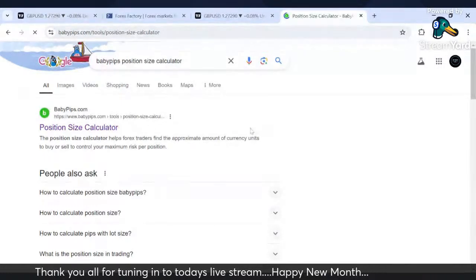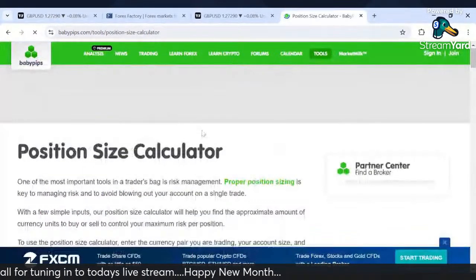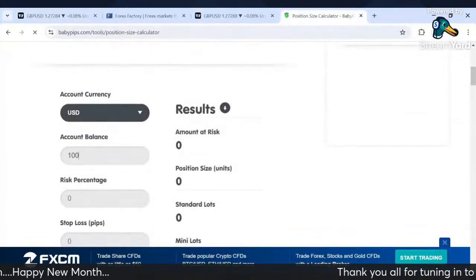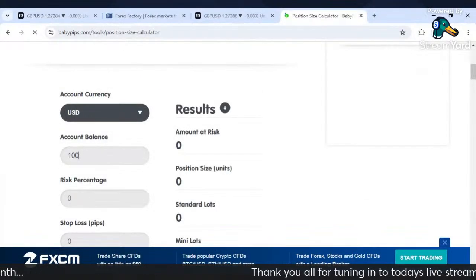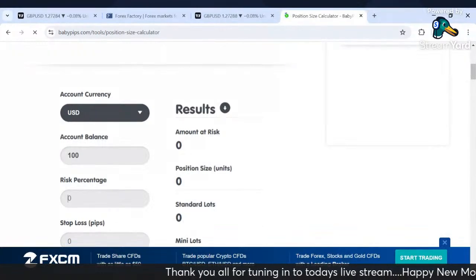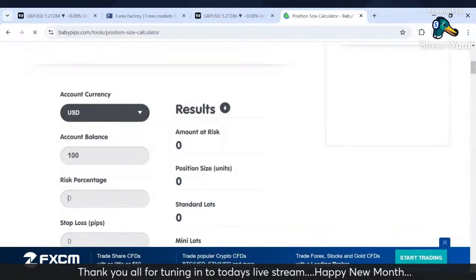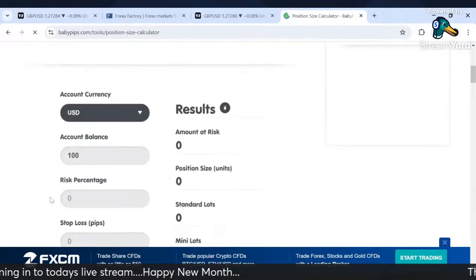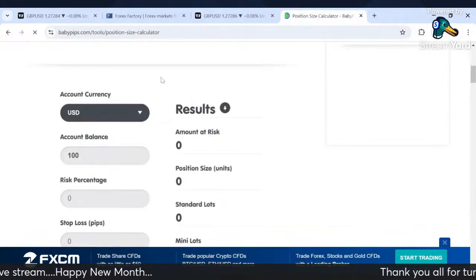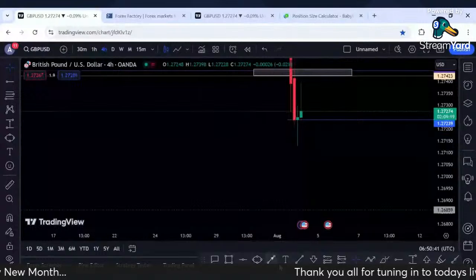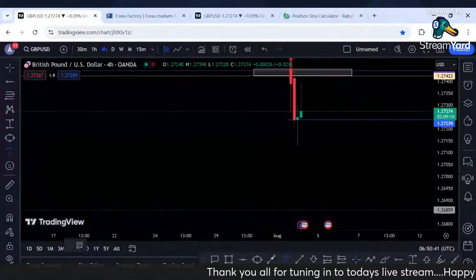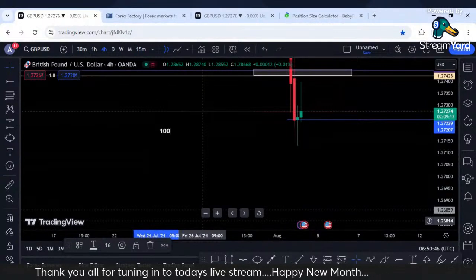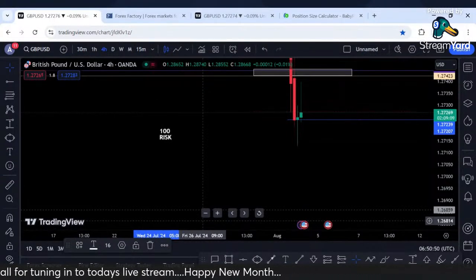I think that one is going to give you the accuracy. So maybe if you are using a $100 account, you are risking maybe some percentage. Last time I showed you how you'll be able to calculate the percentage on your account. So if you are using $100 and risking maybe $30 on the account.